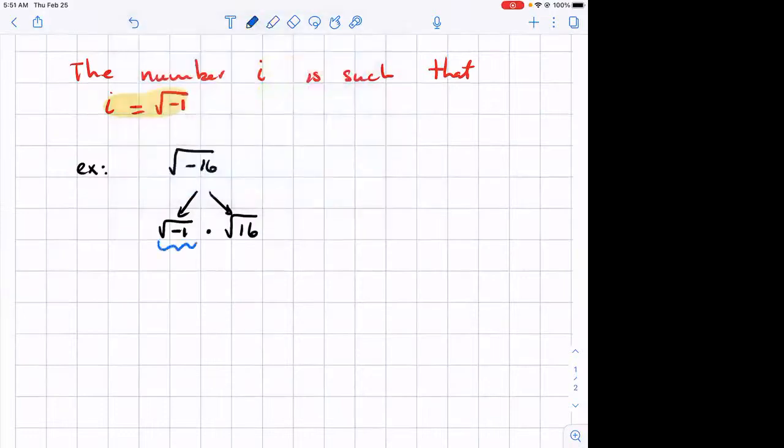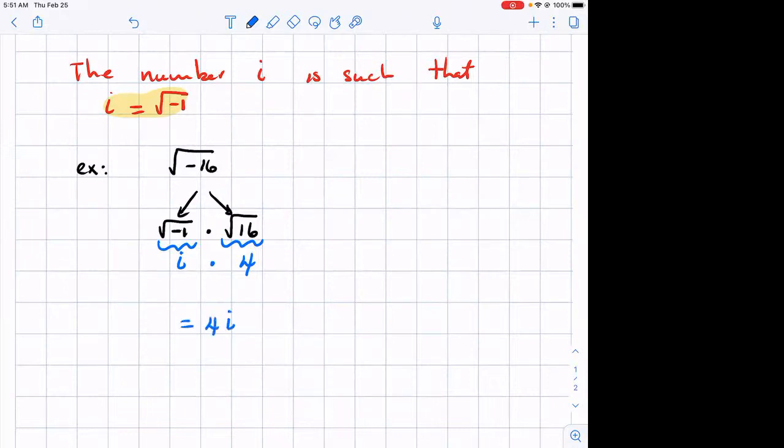So this here becomes i, and we know the square root of 16 is 4. So we have i times 4. Generally, we always write the coefficient first, just like when you write 2 times x, you don't write x2. So this is equal to 4i.